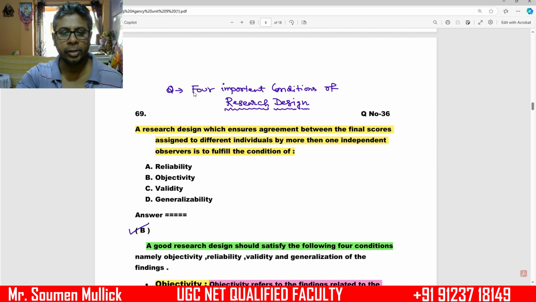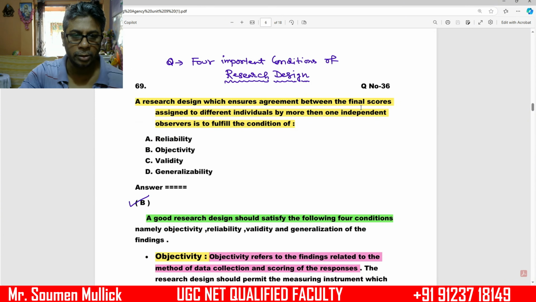A research design which ensures agreement between the final scores assigned to different individuals by more than one independent observer is to fulfill the condition of reliability, objectivity, validity, or generalizability. Option B, objectivity, is right.